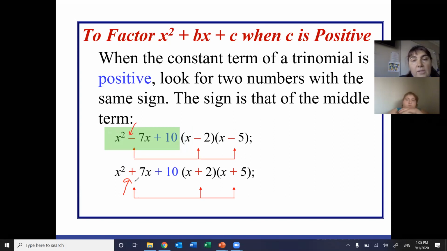Okay. So we're looking at this problem. The numbers you're looking for need to multiply to give you a positive 10. So A times B should give you positive 10. But when you add them together, they should give you a negative 7. So Carissa, what does the negative 7 tell you about the numbers?